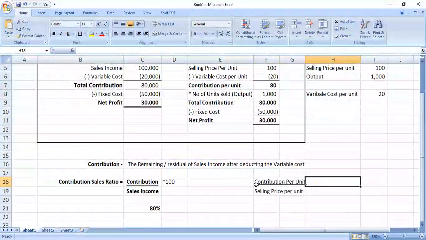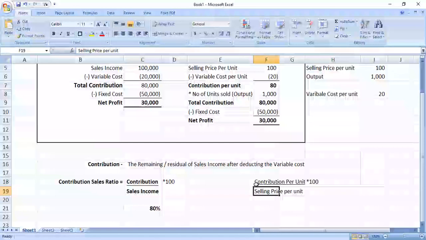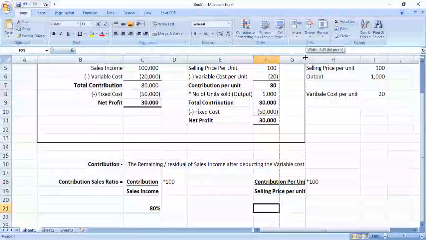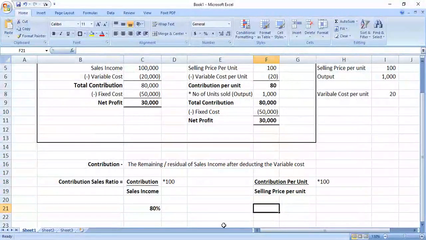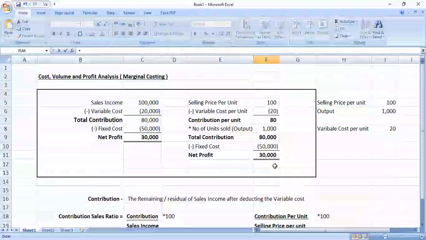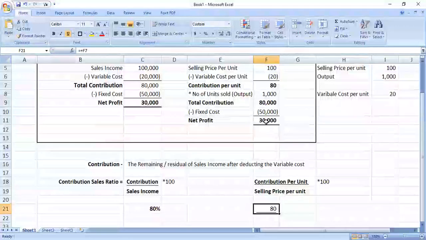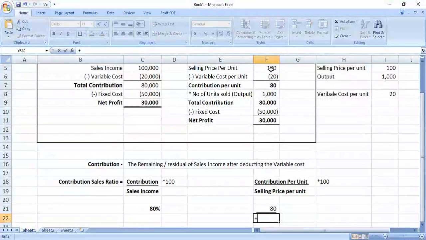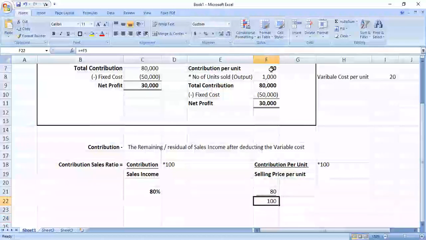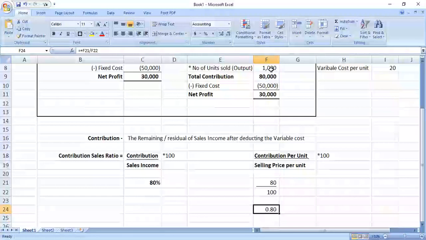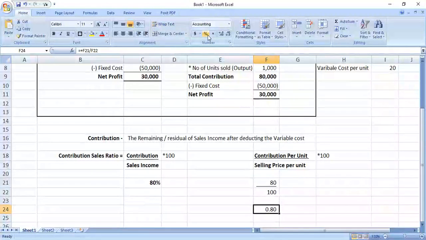Here you take the per unit figures; in the other case you take the total figures. The contribution per unit is 80, and the selling price for one unit is 100. If you divide 80 by 100, you get 0.8, and if you convert it to percentage by multiplying by 100, it is 80%.